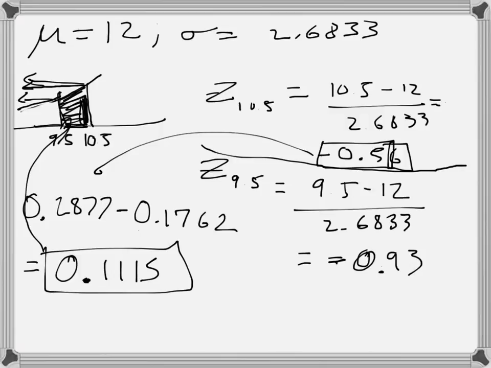So the trick with the normal approximation of the binomial distribution is knowing what regions of the normal distribution we're looking for. Question 13 says, what's the probability that x is less than, not equal to, but just less than 11?